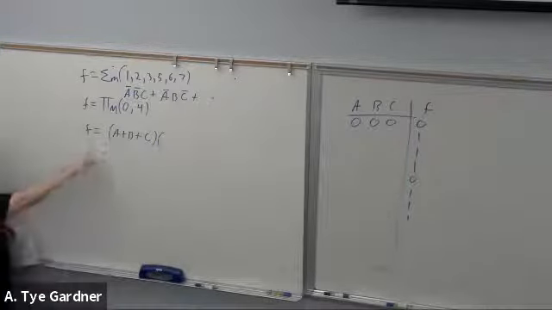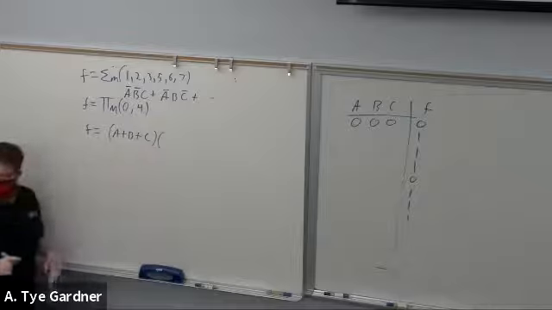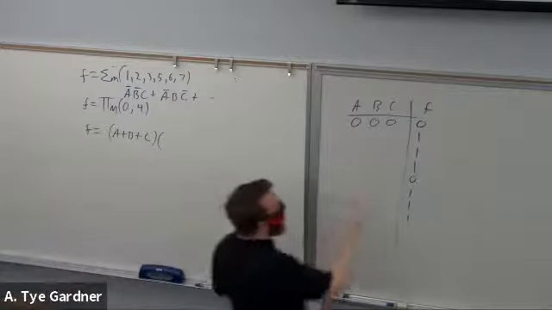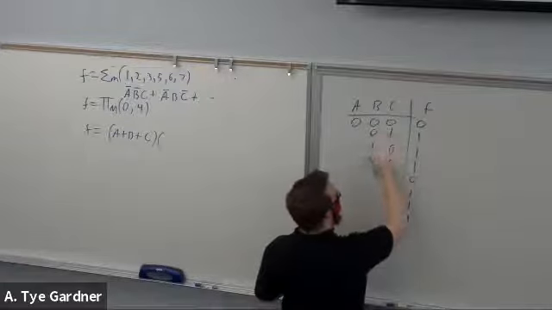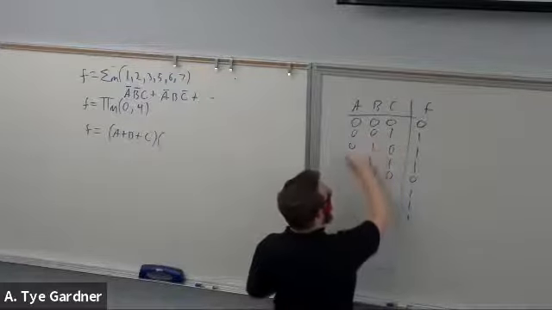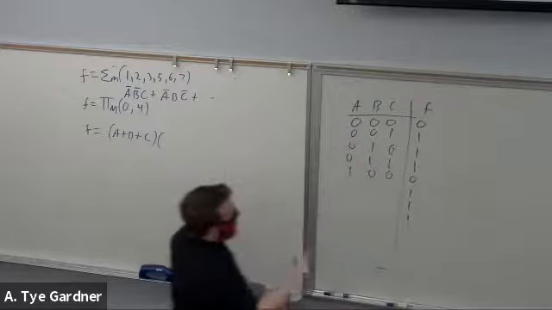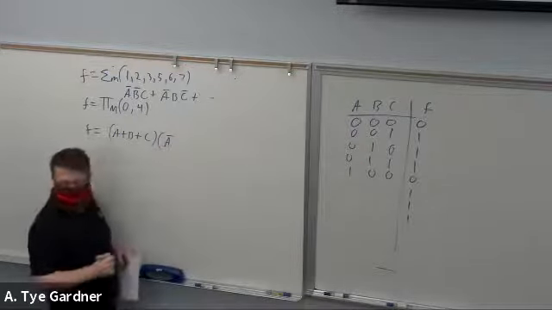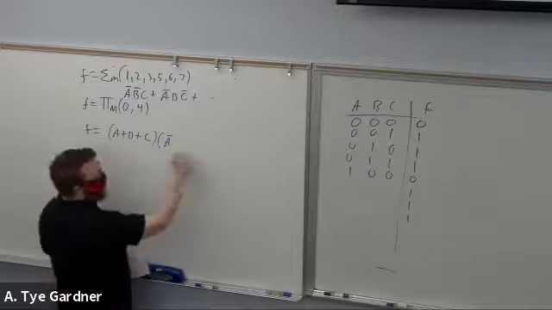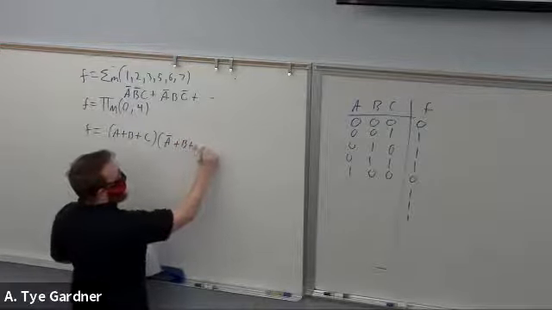So min term 0 is A or B or C. And then for this one, it's not A, right? Because it's a 1, or B or C.